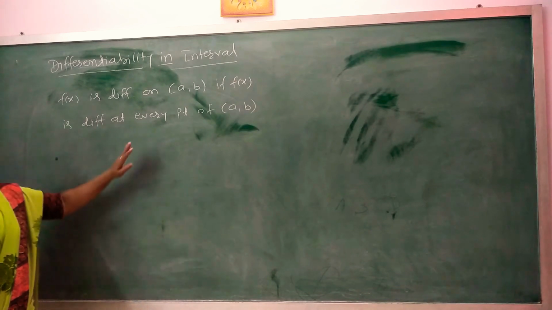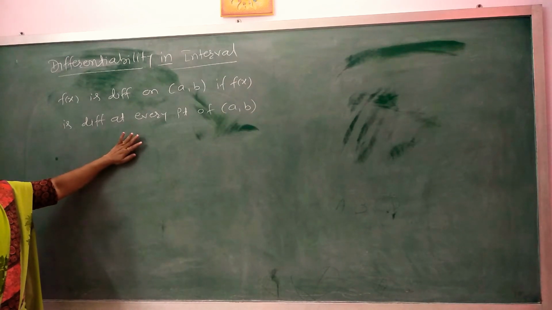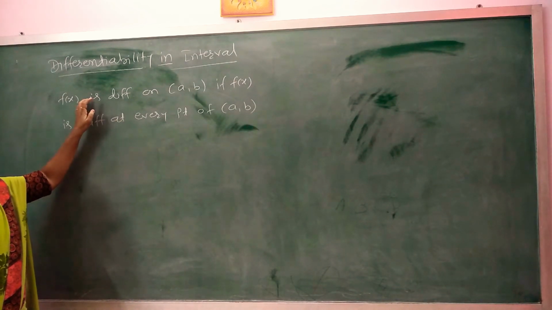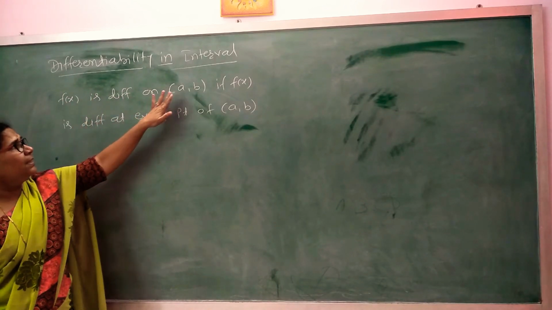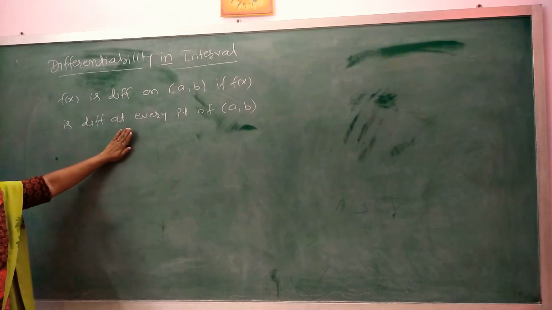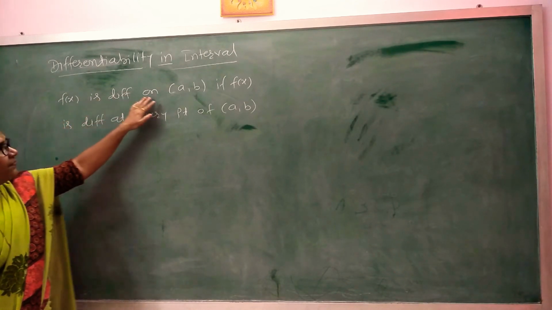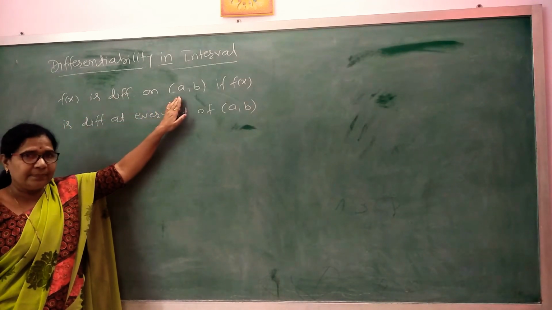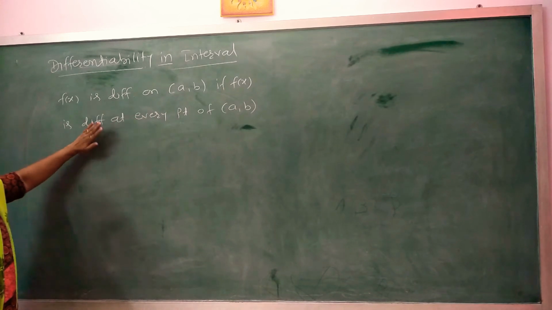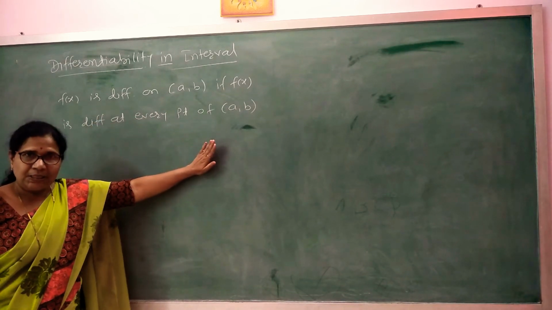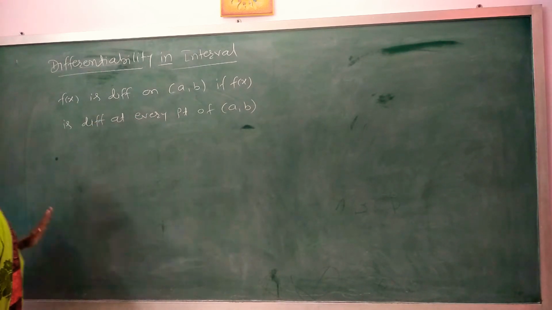Like the continuity, we also define that if the function is continuous on the open interval AB, then it is continuous at every point of AB. Similarly here, if f of x is differentiable on the open interval AB, then it is differentiable at every point of the interval AB.